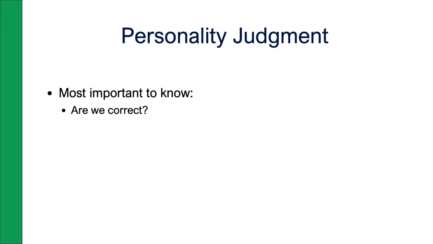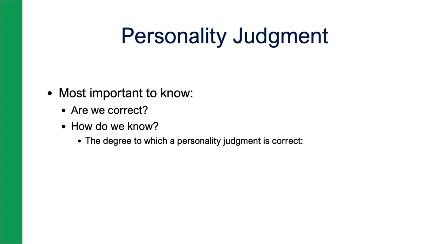How do we know that? When we're talking about a formal personality assessment, then we can investigate whether the assessment was done with a valid test by someone who's qualified to do that kind of personality assessment. So when we're talking about formal assessment or formal judgment of personality, we can be assured that we have a valid assessment to the extent that we've used a valid and reliable test.